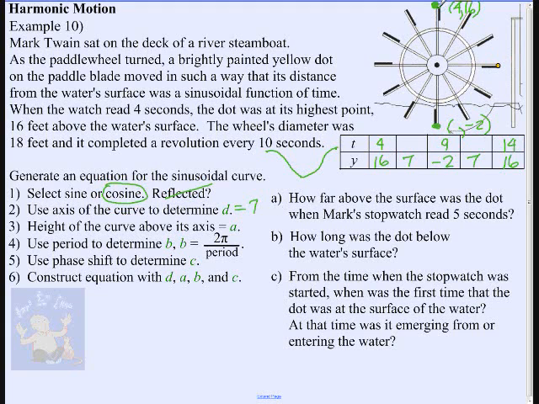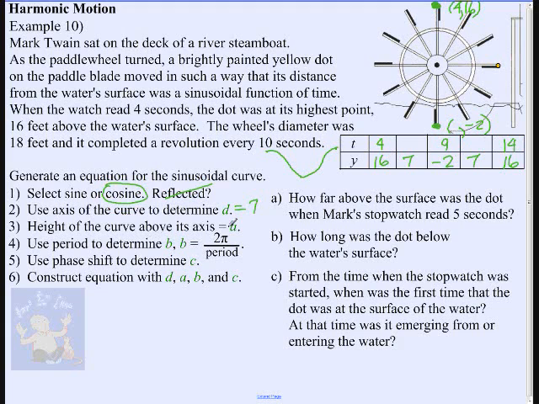Let's check this out. So 16, 7, -2, 7, 16, a full rotation. Or looking at it over here, 16, 7, -2, 7, 16.